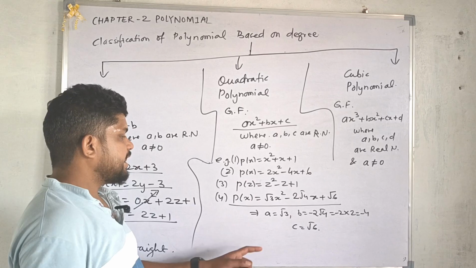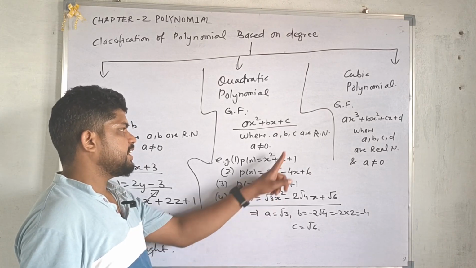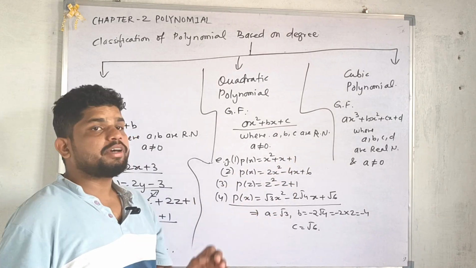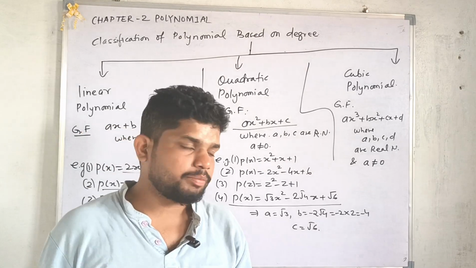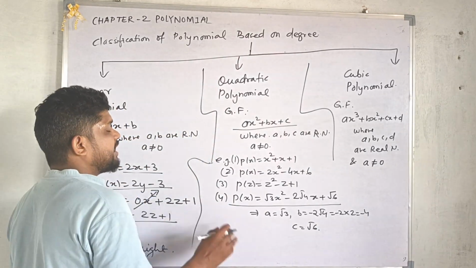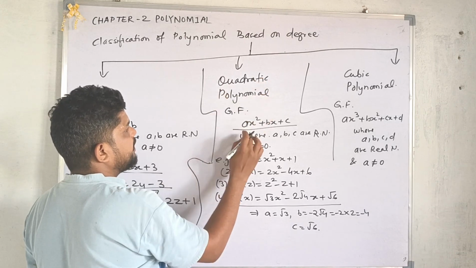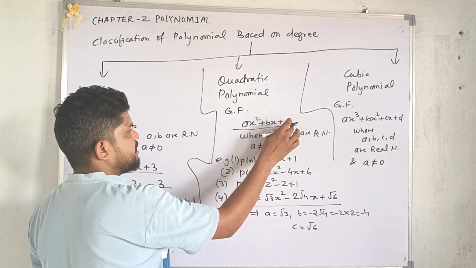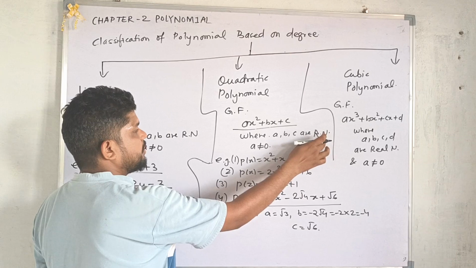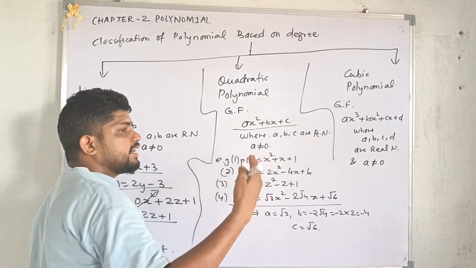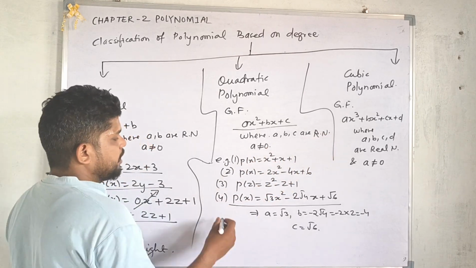Here you can see that these real numbers consist of rational and irrational numbers. So for the general formula of a quadratic polynomial, ax square plus bx plus c, a, b, c are real numbers. Real numbers may be rational or irrational.